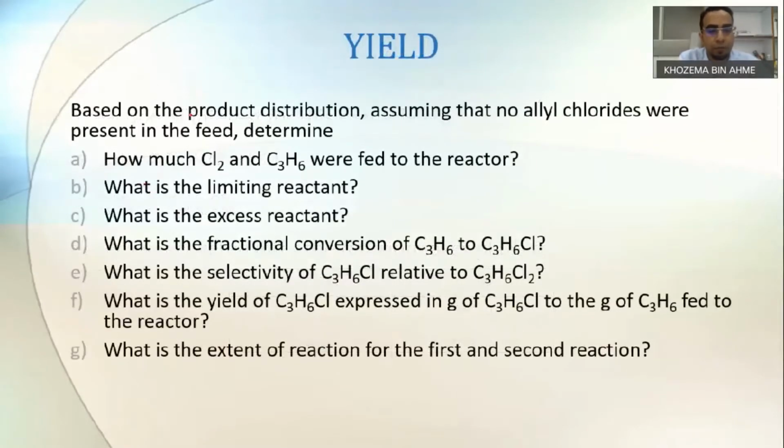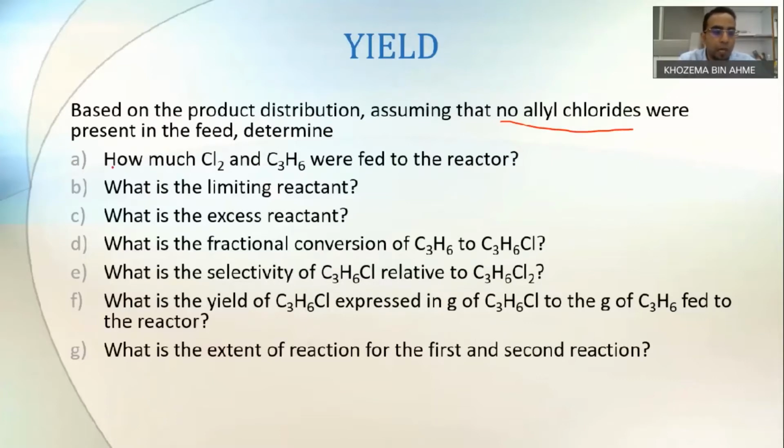Based on the product distribution, assuming that no allyl chlorides were present in the feed, determine the following, meaning that in our feed, at the initial of the reaction, there were only chlorine and propane. There were no other chemicals present.